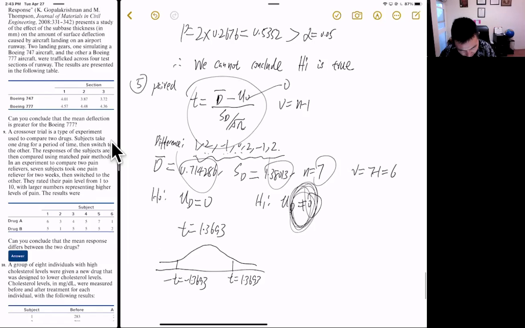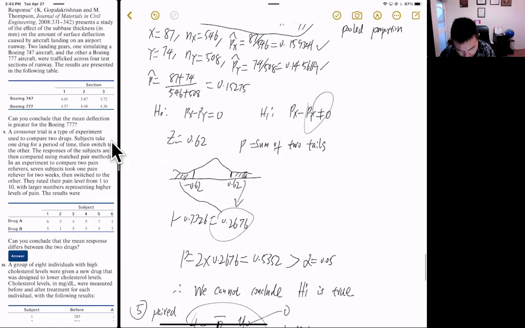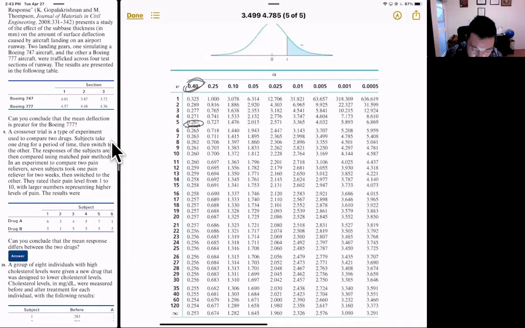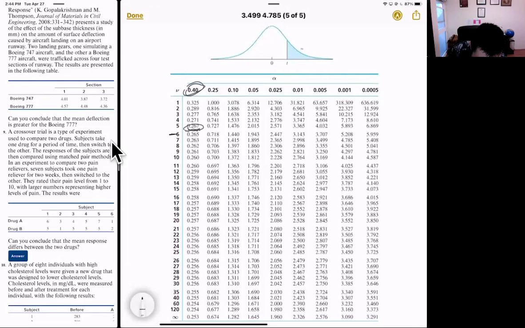So go to table 8.3. The degree of freedom is 6, so that's here. The t-value is 1.3693, which is between these two values, 0.718 and 1.440. That means it will be between alpha of 0.1 and 0.25.